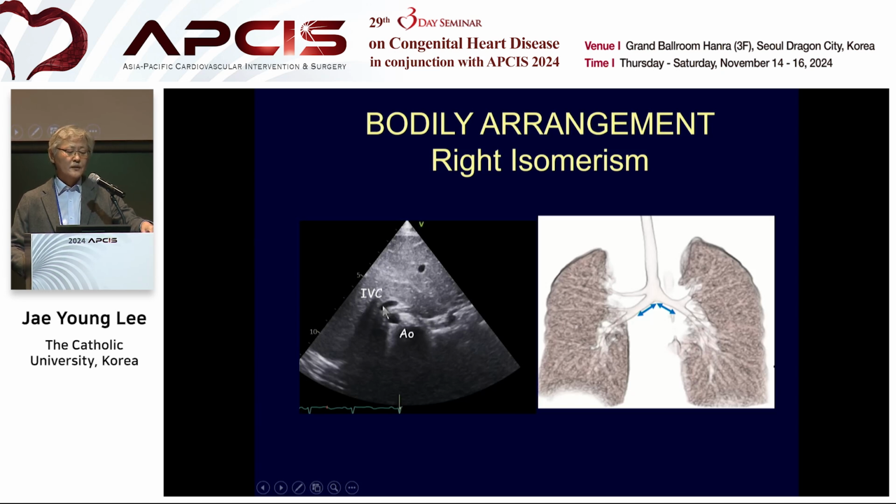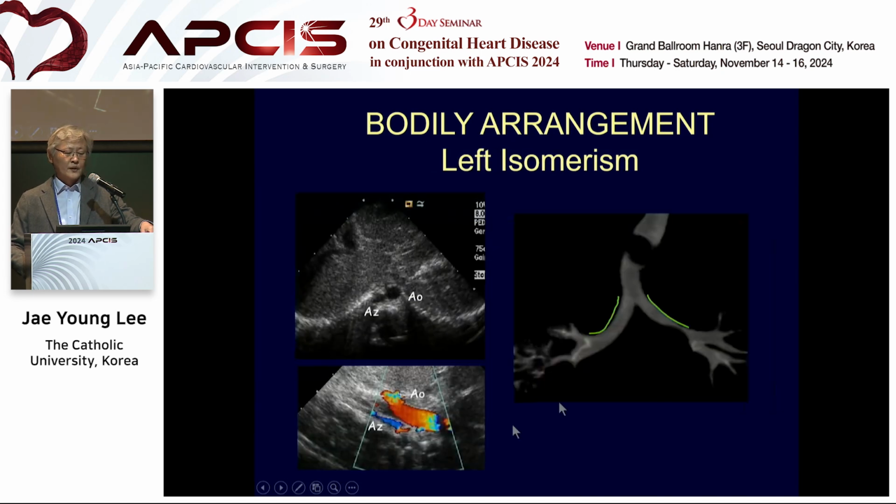But in this case, the two great vessels are juxtaposed, and a slit-like inferior vena cava is a little bit anterior. We can suspect right isomerism. The CT scan of this patient shows a bronchial anomaly, but we still notice bilateral short main bronchi. This is right isomerism. In other cases, two vessels are juxtaposed.